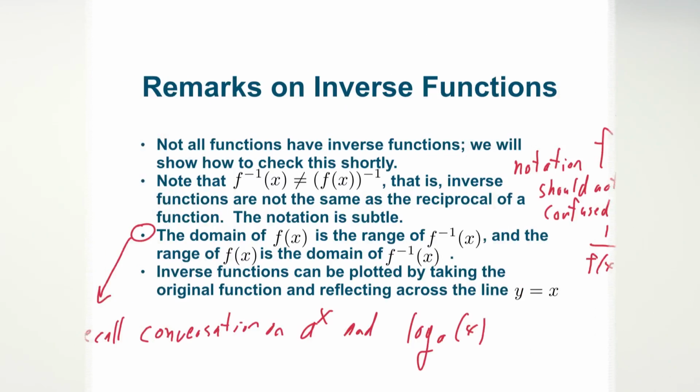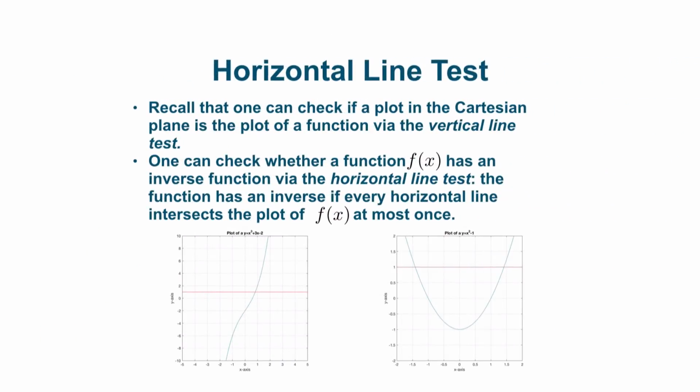Okay, so let's look at a technique for determining whether an inverse function exists. It's quite often the case that a given function with a formula or a plot will not have an inverse function. So what matters here? How can I tell whether a function has an inverse or not?